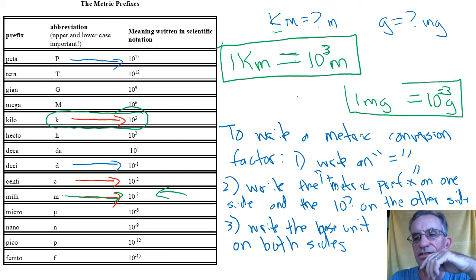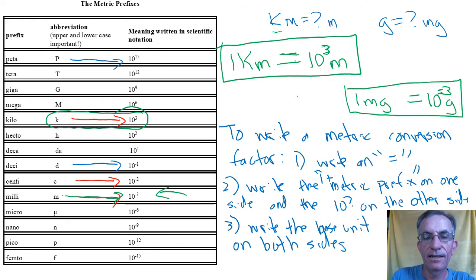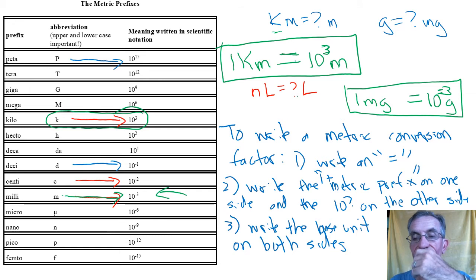Let's see if we can squeeze in one more. Let's say I give you a problem and I want you to go from nL to L. What would the conversion factor look like?